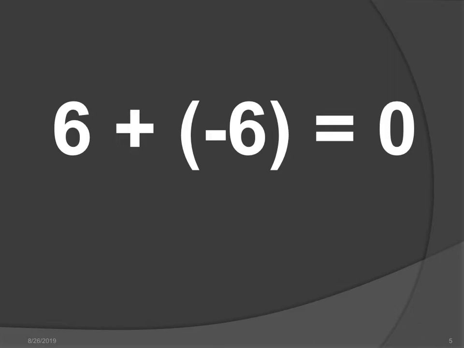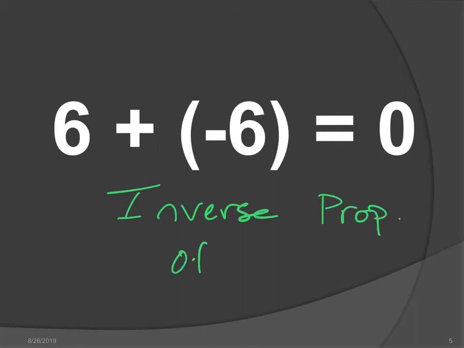Which I? Is it inverse? Is it identity? Which one? What are y'all saying? I'm thinking it's inverse, and I agree with you. All right, it is the inverse property, remember, because it undoes. So this one would be the inverse property of addition. Okay? Inverse property of addition.